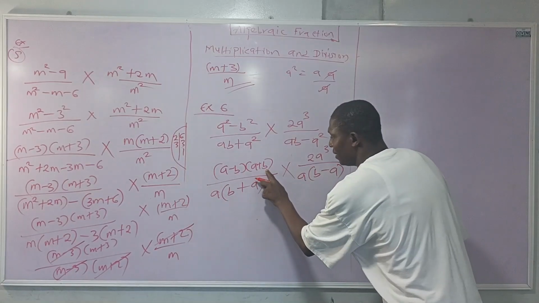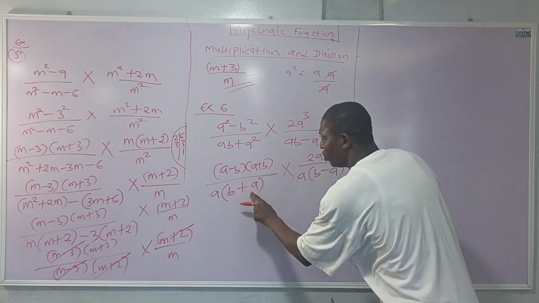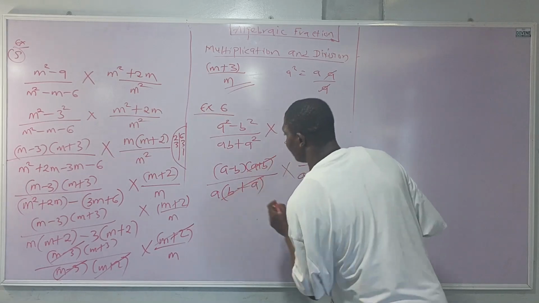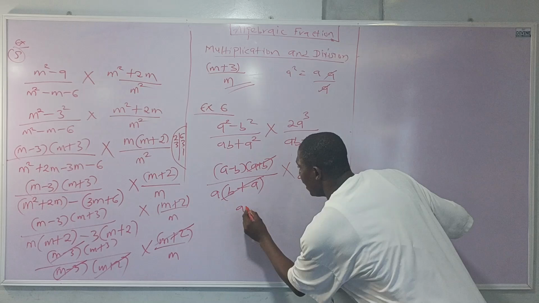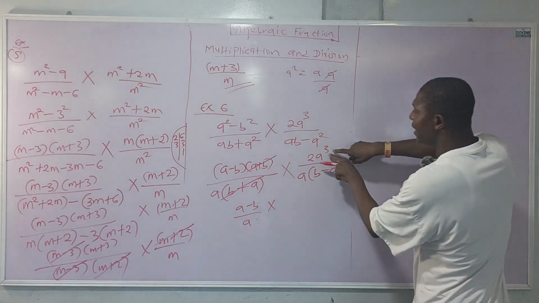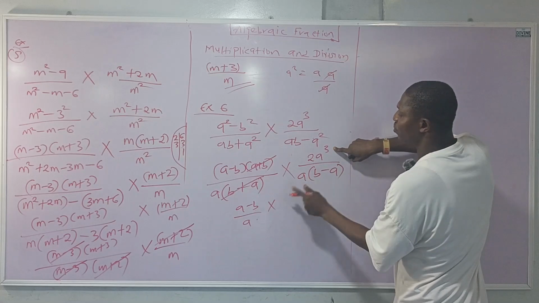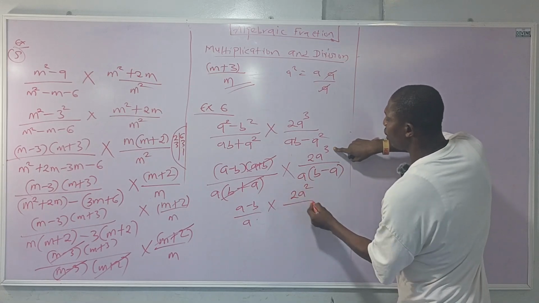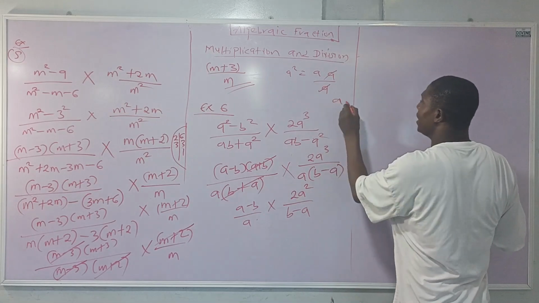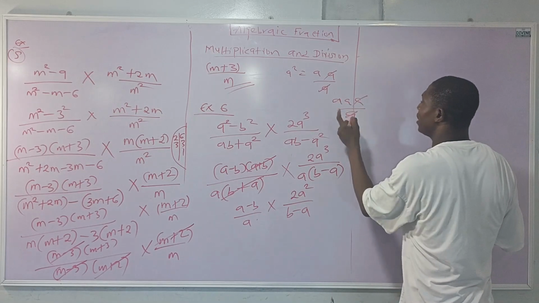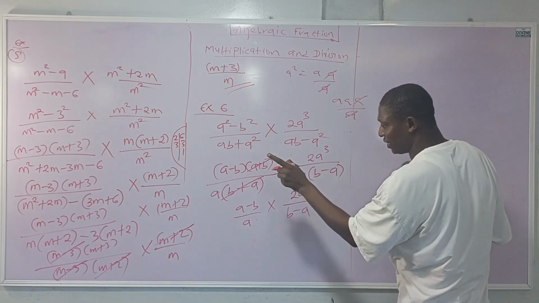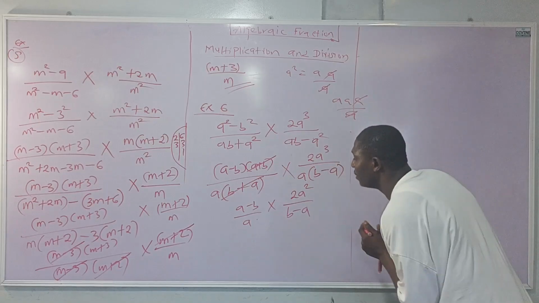A plus b is the same as b plus a because addition is commutative, so I can cancel this. And I'll have a minus b over a, times, here this is 2a cubed and a is out, so I can have 2a squared all over b minus a. 2a cubed over a, so a cancels a, you still have a squared. So that's why we have 2a squared. And this a was cancelled at the top and it disappeared.